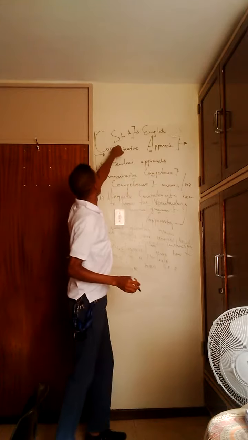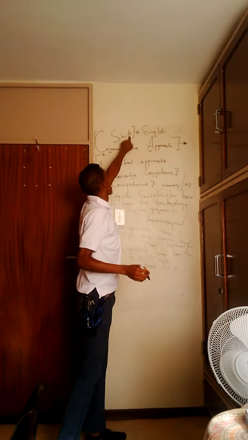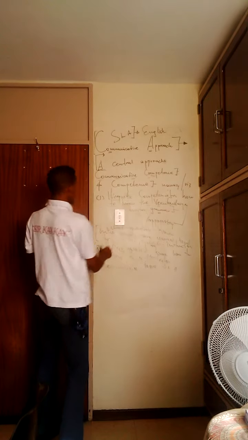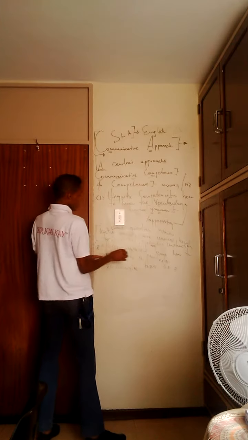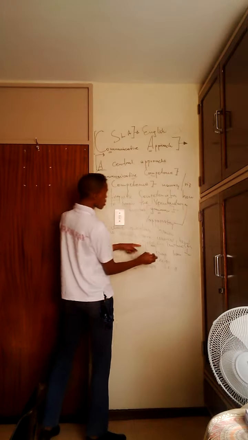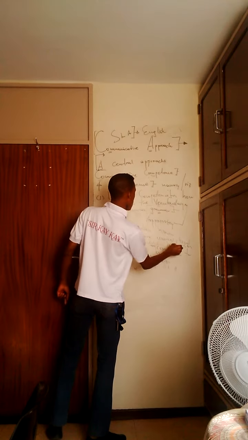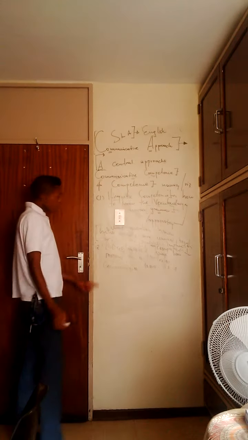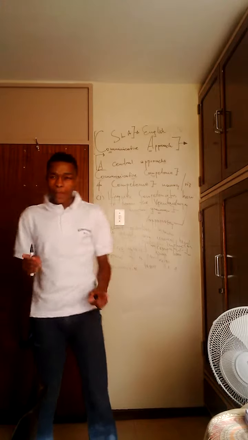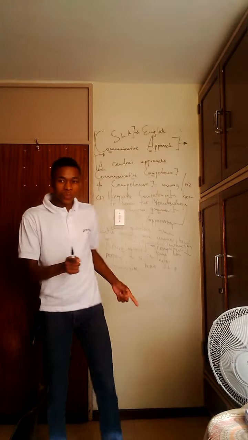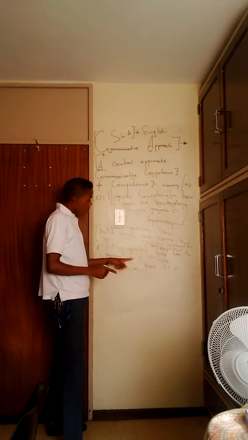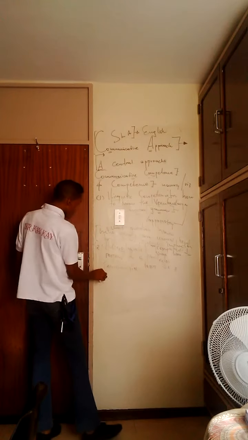In second language acquisition, you have to know that you have what you call sociolinguistic competence. You are talking about how to respond to a language fluently or appropriately.